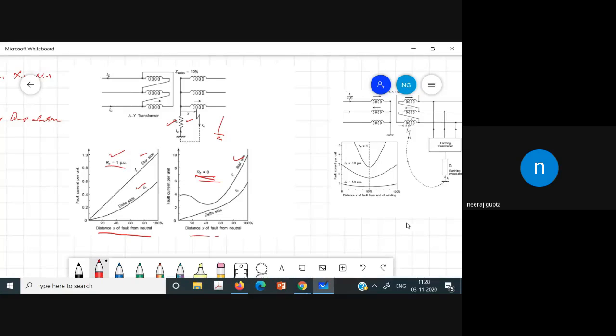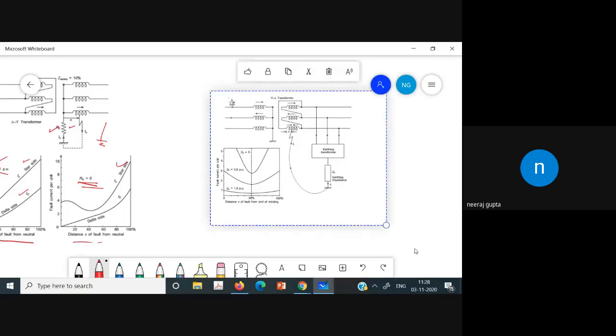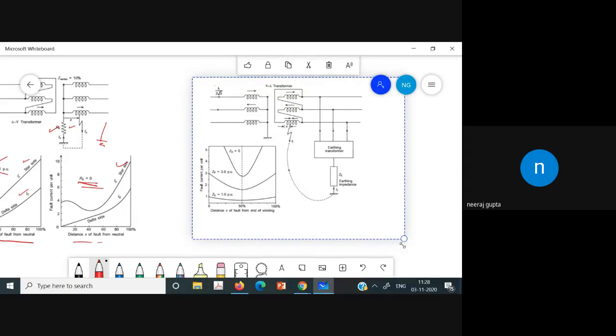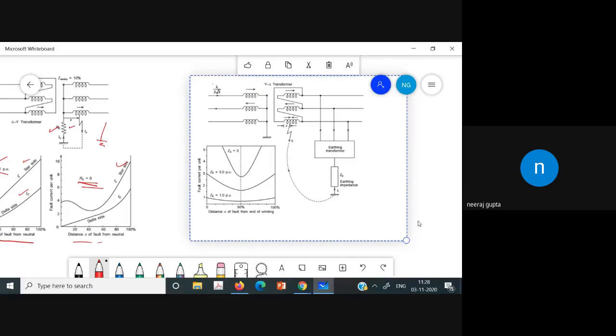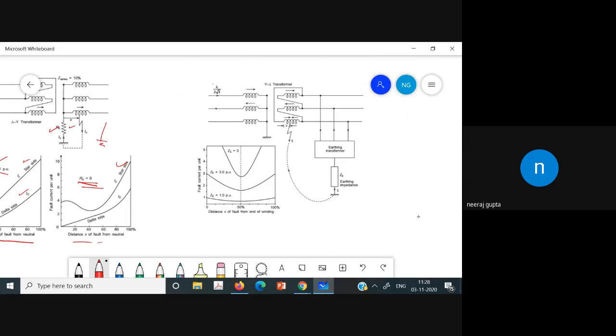Now, the second case that we can discuss, here we have considered the delta and the star system. In the second case, we have used the system earthing transformer for the delta connected system.